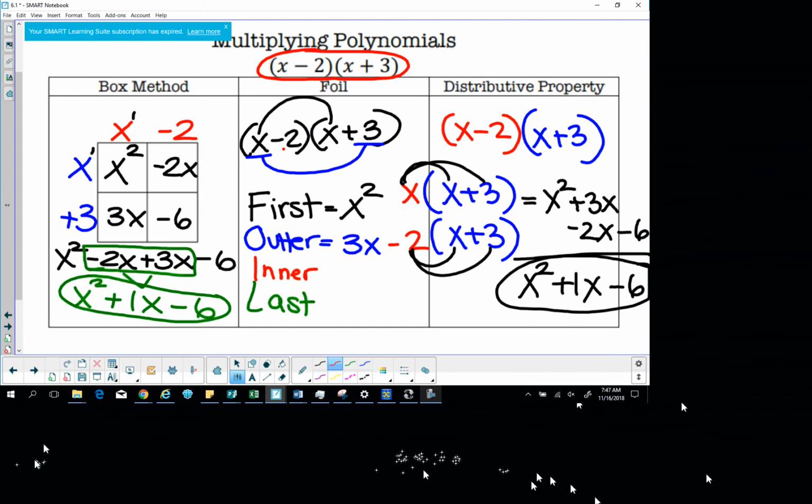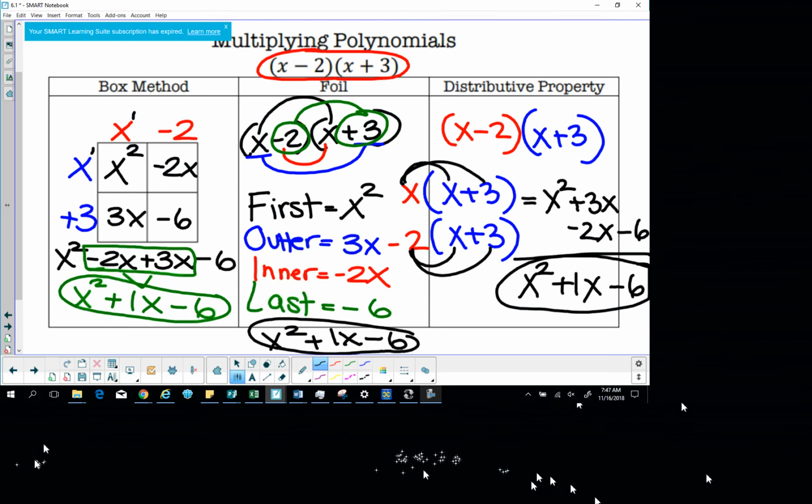Inner terms, what's negative 2 times x? Negative 2x. And the last terms, negative 2 times positive 3, negative 6. And same thing as before, you just combine like terms and we'll get the same answer. X squared plus 1x minus 6.